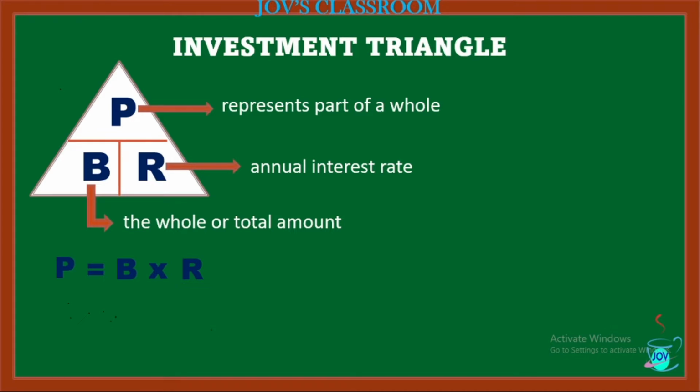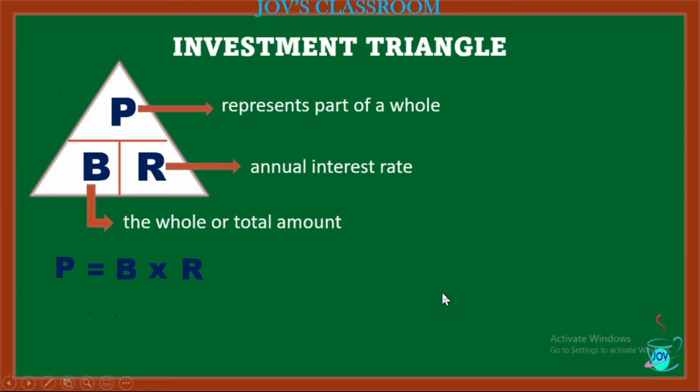Always remember that P is the part of the whole money, the base is the total amount of money invested, and there's an annual interest rate. Take note, I'm talking about annual interest rate when it comes to simple algebra calculation of investment.